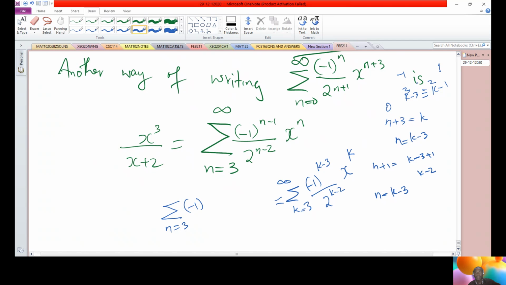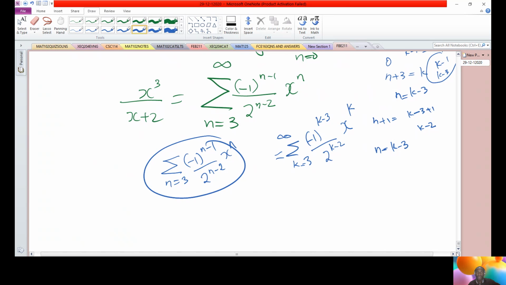Or if you put 3 here, 3 minus 1 is 2, and this will be minus 2. So k minus 3, k minus 2, and k minus 1 have the same roles when they are raised to a negative number. When this one is an odd number, you get a negative sign, and an even number gets a positive sign. So that's why we have this over 2 raised to the power n minus 2, x raised to the power n.